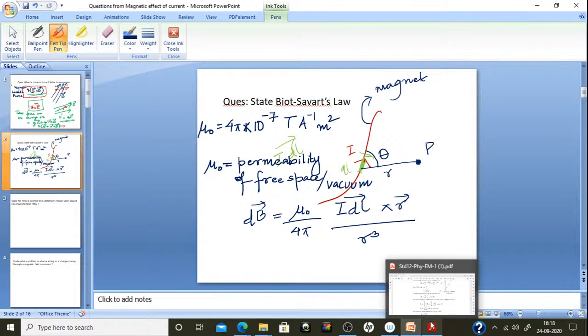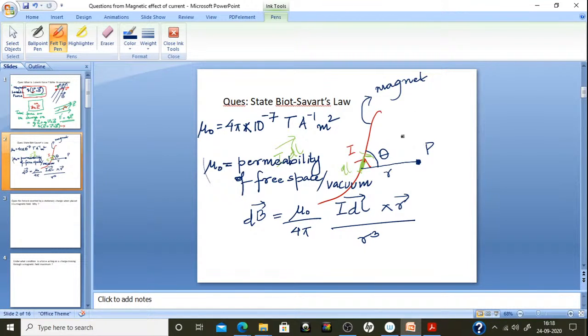Right, this constant you will use when everything is kept in vacuum or free space or air. If your wire is in air or vacuum, then you can use mu naught. But if this is kept in some other medium, then the value will be different. It will not be mu naught, in that case you will use mu.